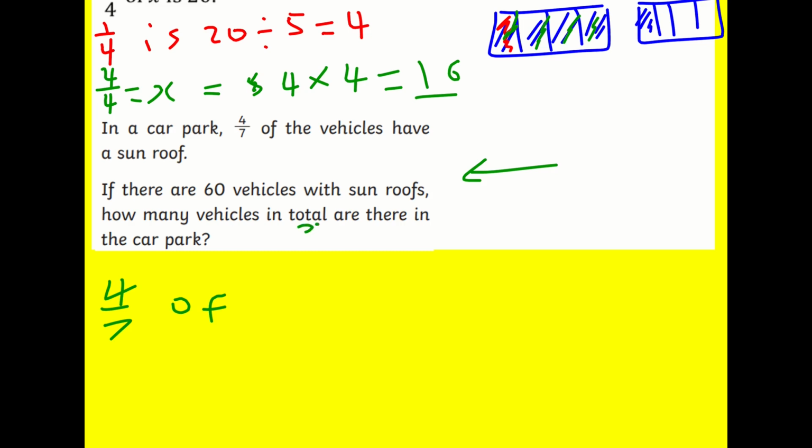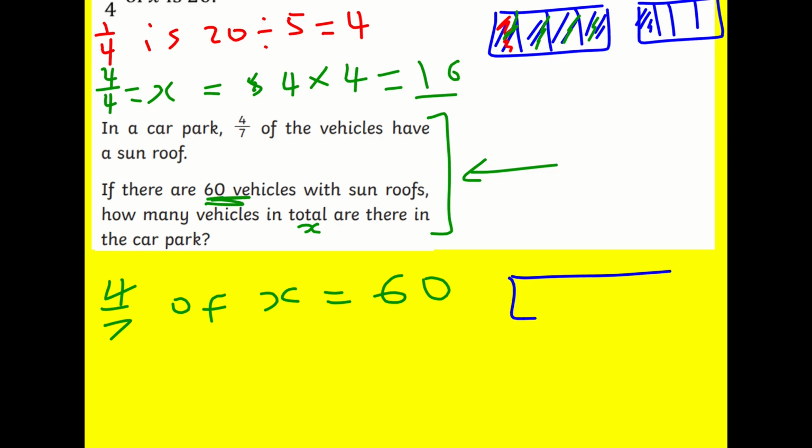I think I'm going to call it x because that's what we normally do. 4/7 of the total number of vehicles have sunroofs, and that's 60 of them. So I've turned this wordy problem into the same problems we've just been dealing with. It's just an extra little step. Okay, I hope that makes sense. We can now deal with it in exactly the same kind of way.